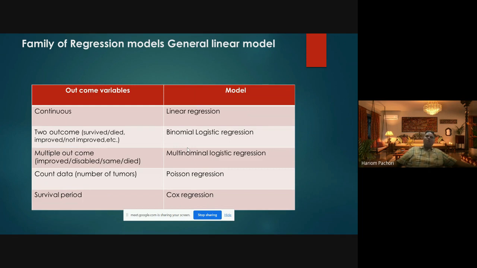If your outcome variable has multiple outcomes, improved, same, died, go for multinomial logistic regression. If you have count data, like the number of tumors, go for Poisson regression. If your outcome variable is about survival period, go for Cox regression. So according to your scenario, your regression model is going to be different.